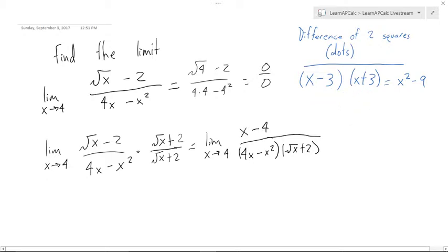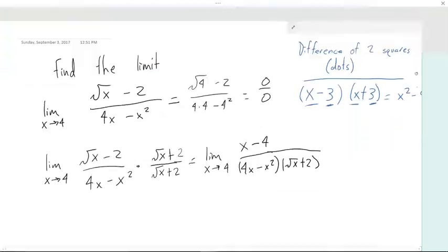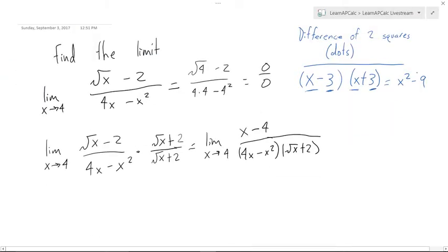So anytime we have difference of two squares, I just multiply the first terms and the second terms, and I can leave everything else out. So here I'm multiplying square root x, and here I'm multiplying 2 and negative 2, and that's how I'm getting x minus 4. So if that confused you, that's the explanation.